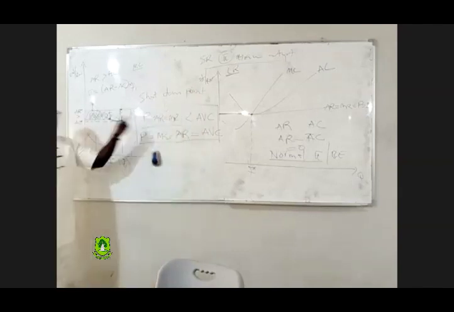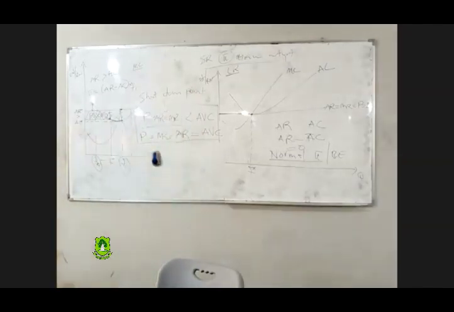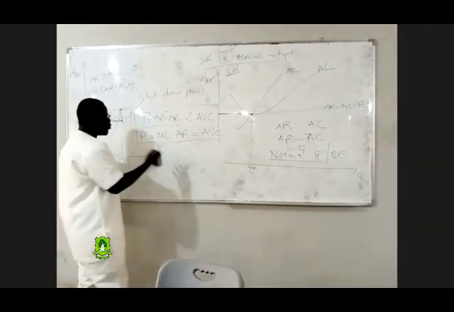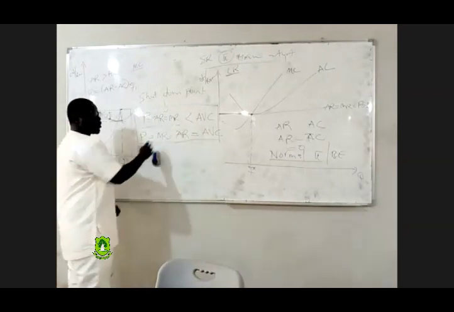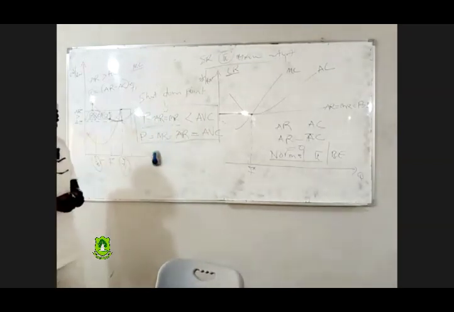So a firm should shut down when the average revenue is less than the average variable cost. Your key concentration should also be on the point where the average revenue or the marginal revenue is equal to what?